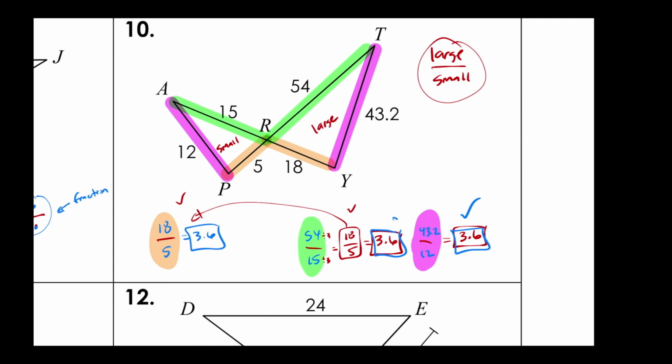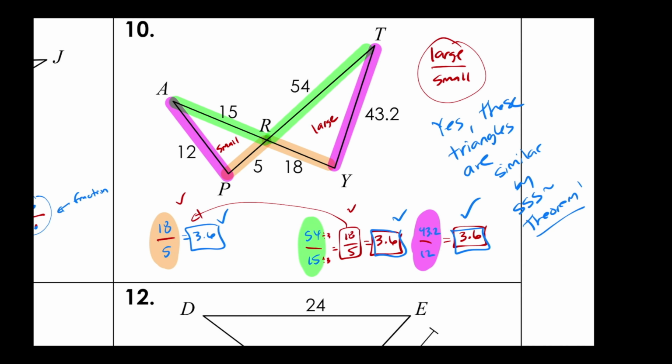Guess what? They all are the same. That means this triangle is 3.6 times bigger than this triangle. And so we say yes, these triangles are similar by SAS Similarity Theorem.